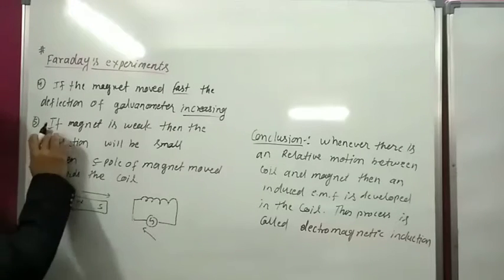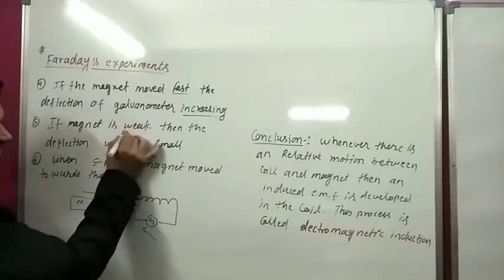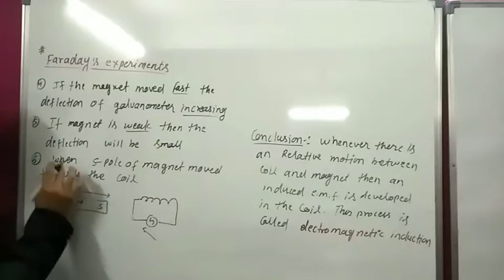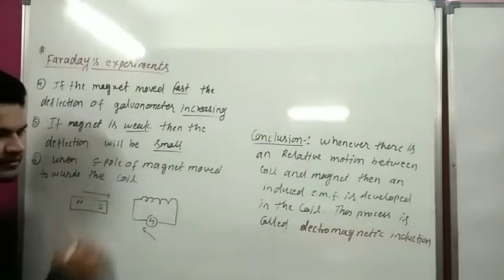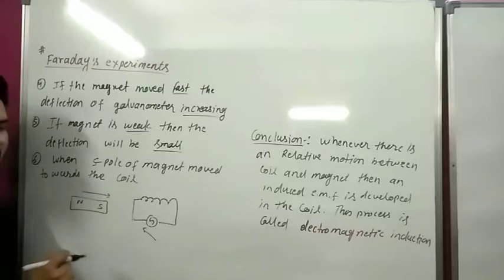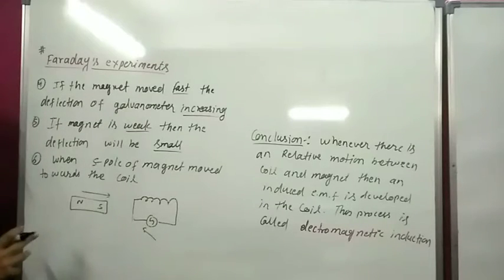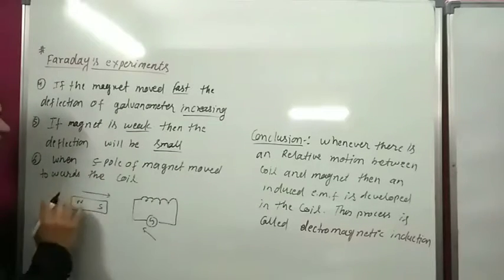Fifth point: if the magnet is weak, the magnetic strength of the magnet is weak, then the deflection will be small.